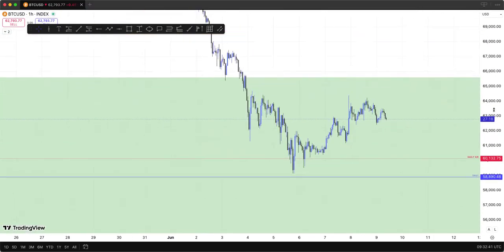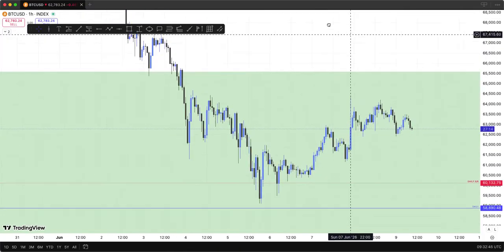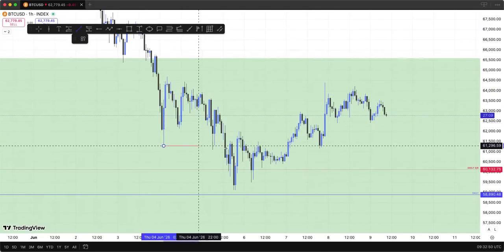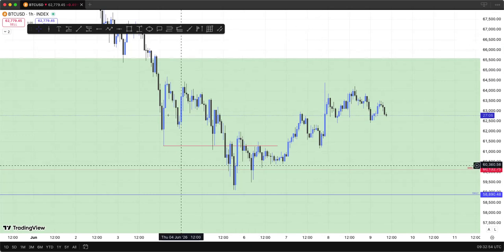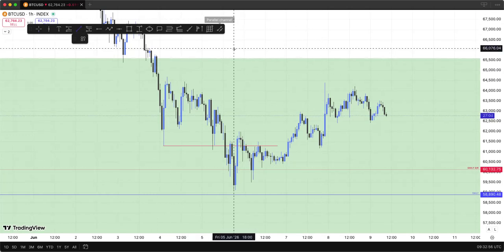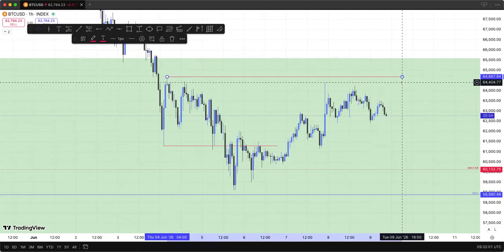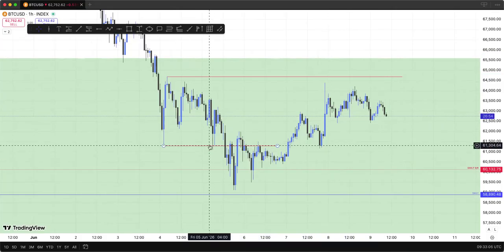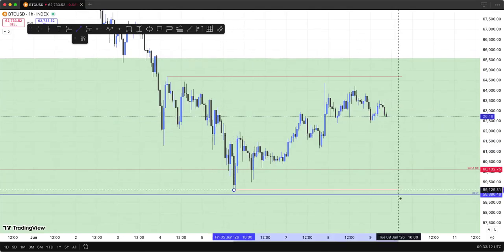On the 1 hour time frame, our last low here was this very low before it got invalidated. And this was its high right here, or it's still the high right here. So when it got invalidated, we created another one, which is this low.